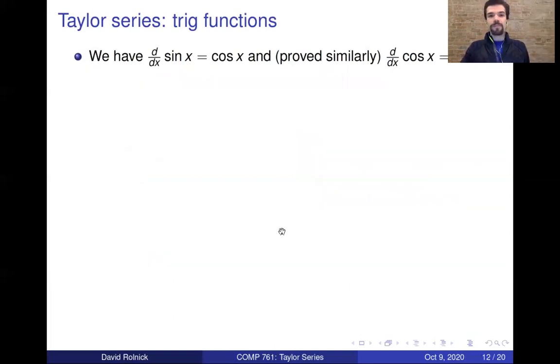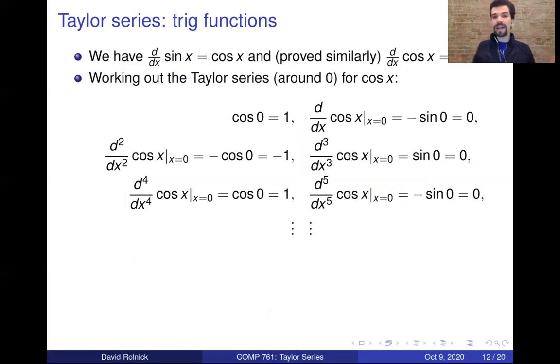Okay, let's get cosine similarly. So cosine in much the same way, cosine of 0 is 1. If we take the derivative, negative sine, then negative cosine, sine, cosine. It also oscillates with period 4, which makes sense. It's just the same set of derivatives, just shifted over by 1. So this is just 1, 0, negative 1, 0, 1, 0, negative 1, 0.